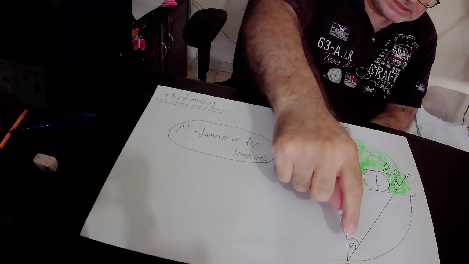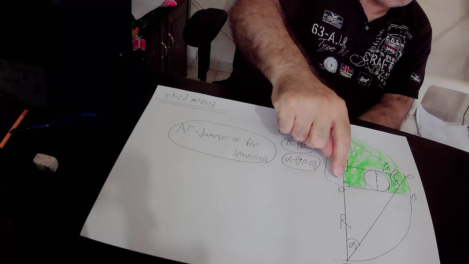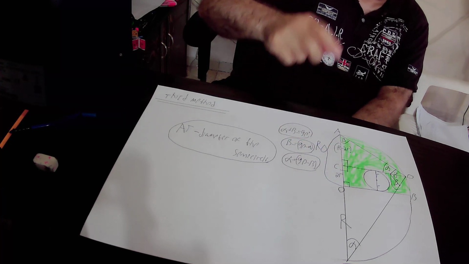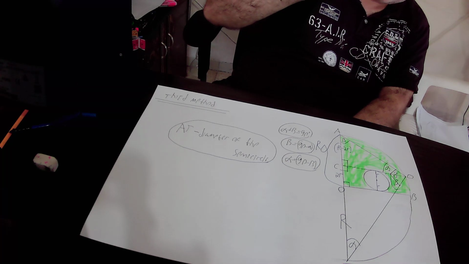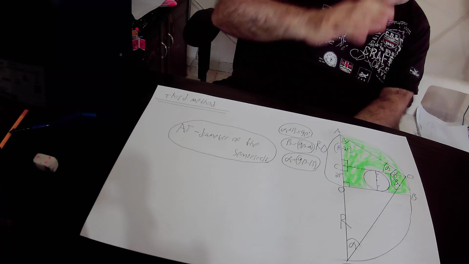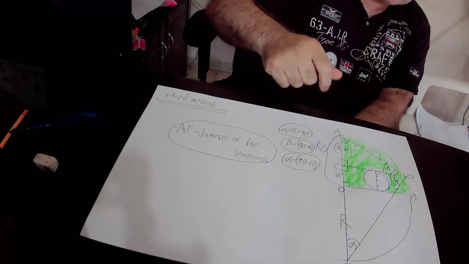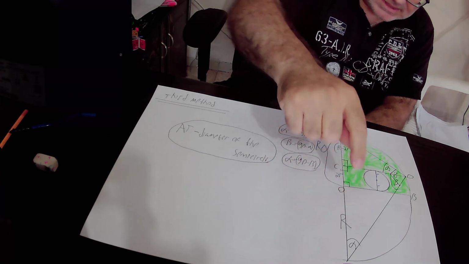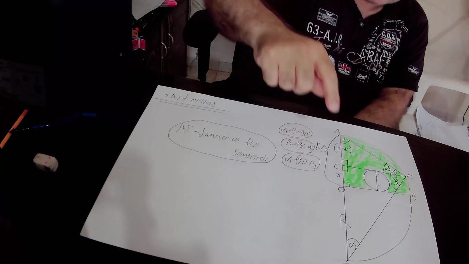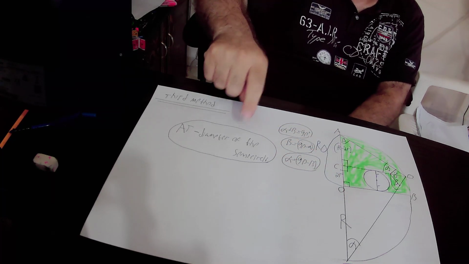Chord AT passes through the center of the semicircle, therefore it must be the diameter, because any chord that passes through the center must be the diameter.